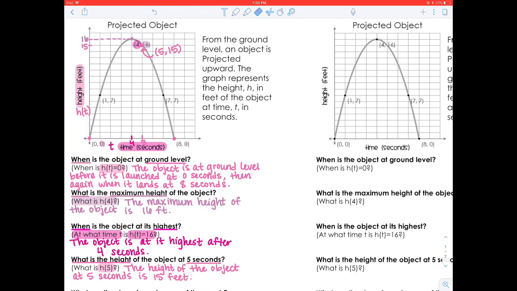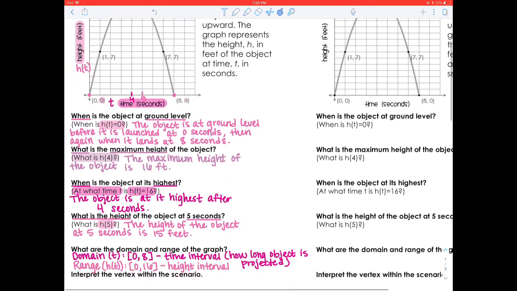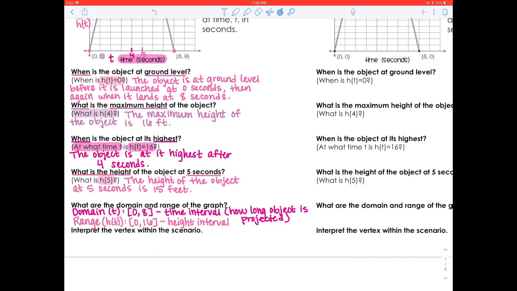Okay, and then lastly, we have interpret the vertex within the scenario. Okay, so the vertex is always really important whenever we're using quadratic models. And so you might be asked to interpret it, and you definitely want to be able to understand it when you're using quadratic models.